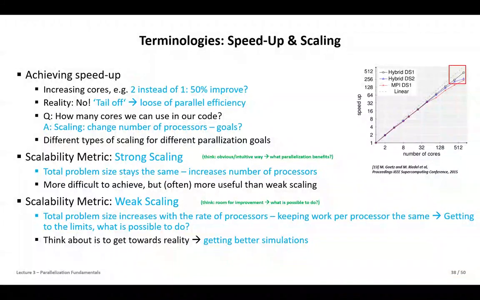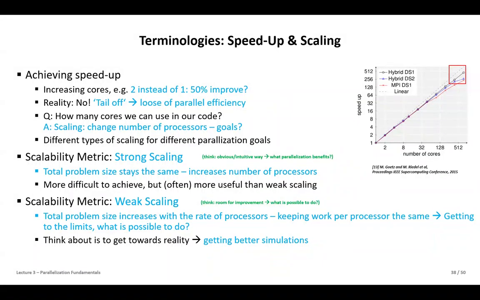The problem size increases in weak scaling; in strong scaling it remains every time the same problem. You do different runs with different numbers of processes. In weak scaling, you don't just use more processes, you also increase the problem size of the application: 1 million particles, 2 million particles, but also more processes.